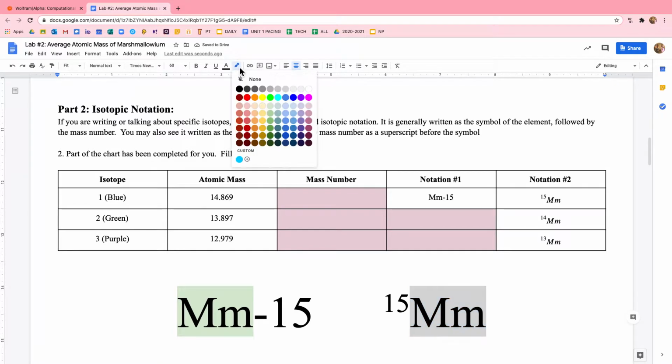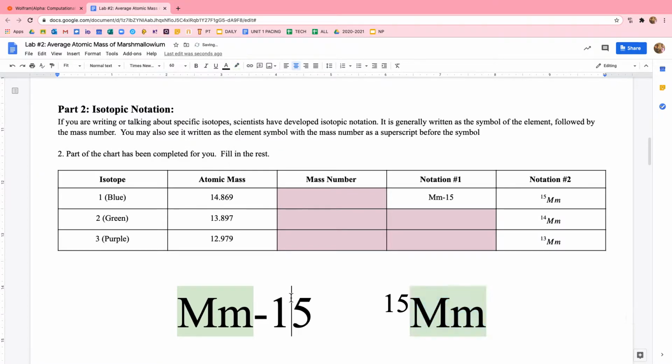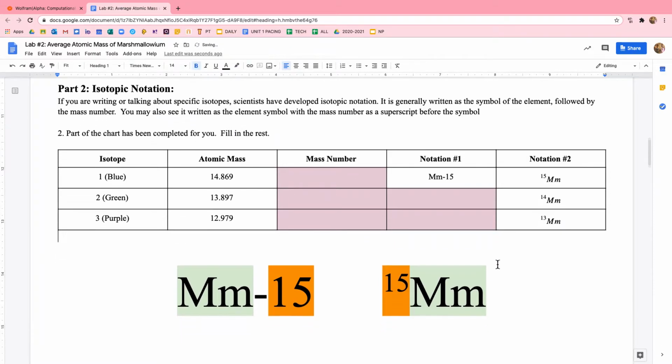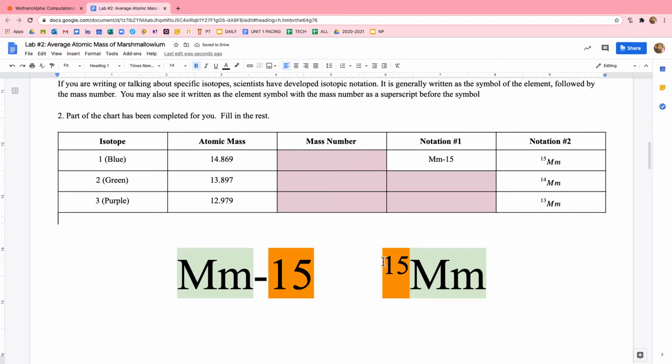They're just in different places. And this 15 is the same in both of them. Right, so all you have to do is take the number that is up here, put a dash, and put it after the atomic symbol.